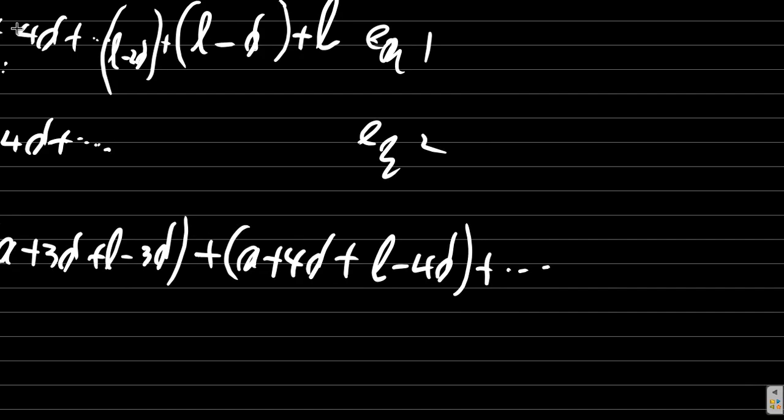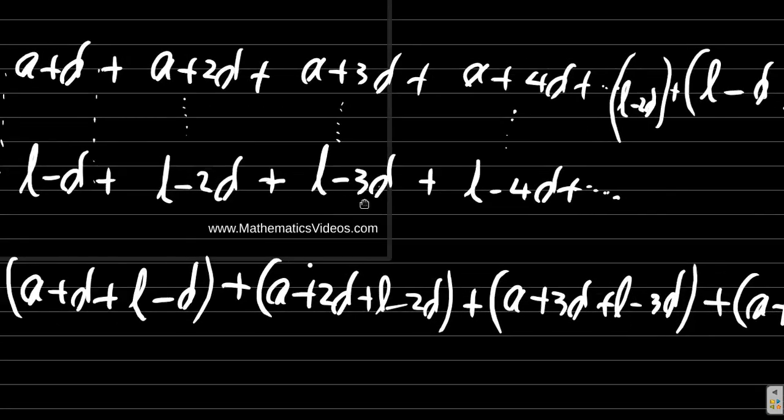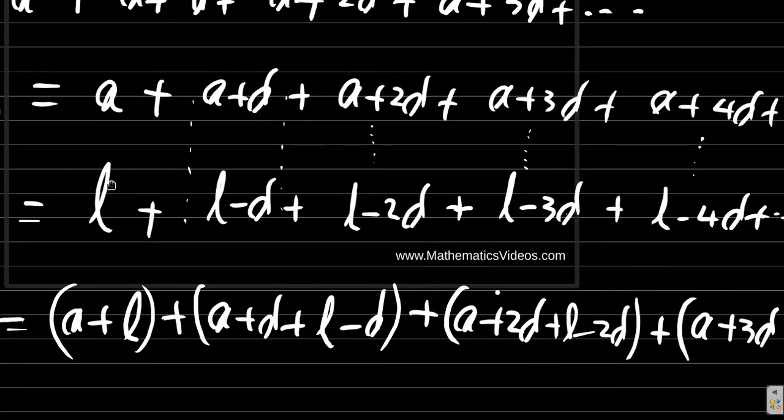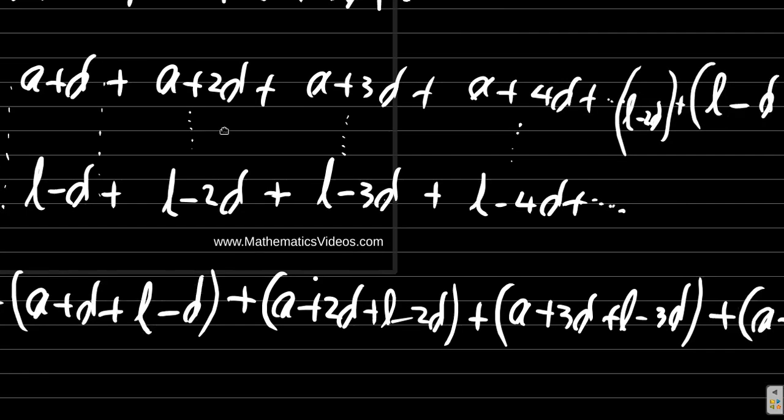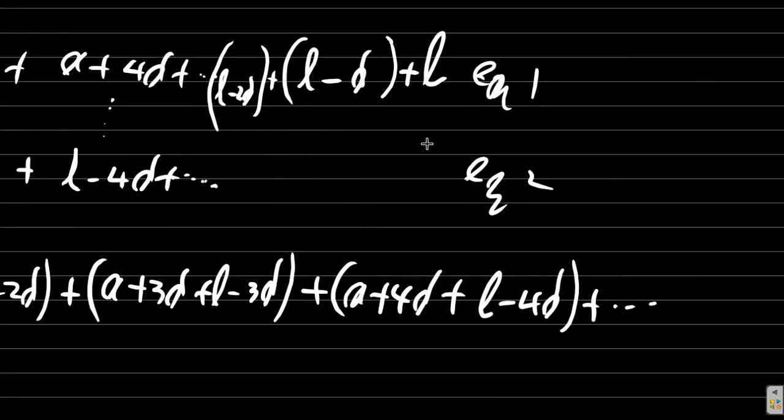And it goes right down to, well, the last term. When we switch them around, we put the last term first, so we're going to put the first term last. So under L would be A, alright? So when we add this, it would be A plus L, L plus A, same as A plus L out here.